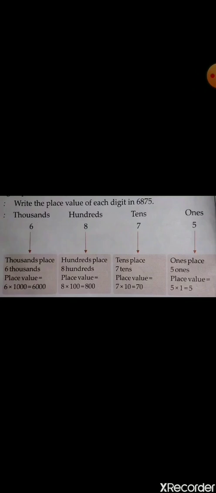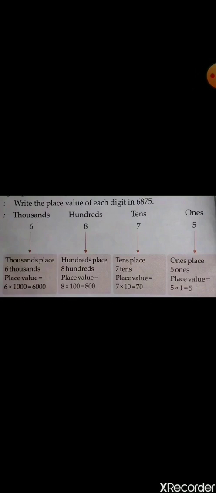First, we write ones, tens, hundreds and thousands. And then we put the digits according to their places. 5 is on ones place, 7 is on tens place, 8 is on hundreds place and 6 is on thousands place.